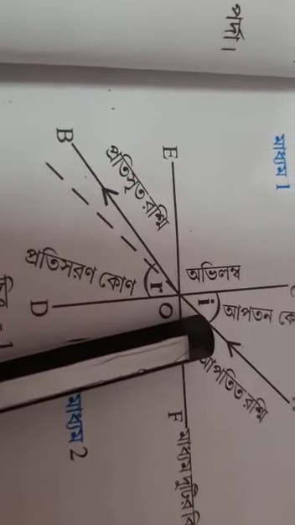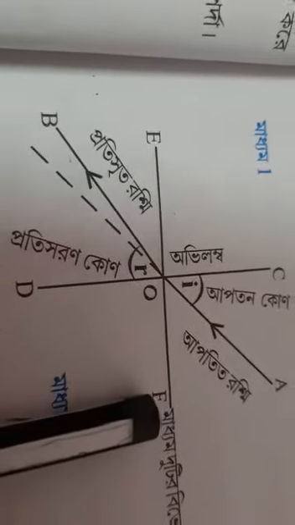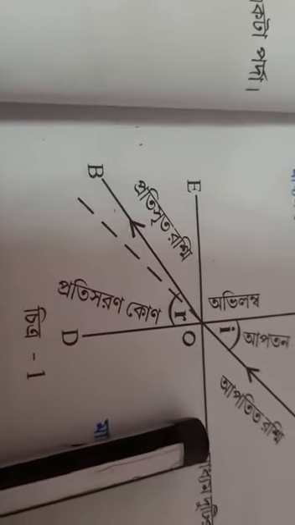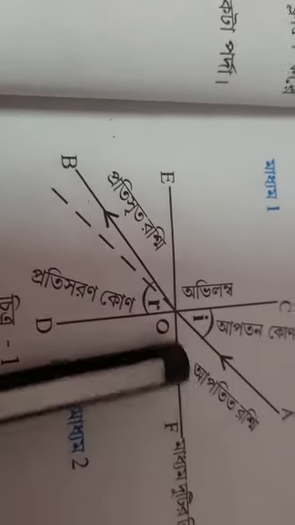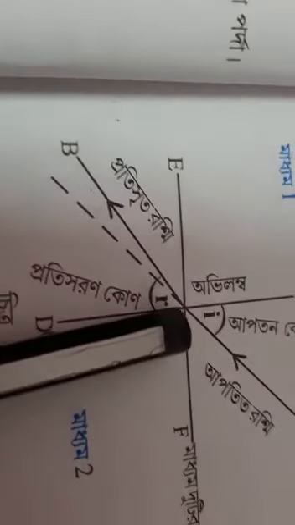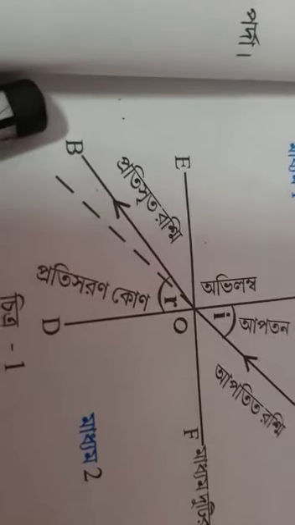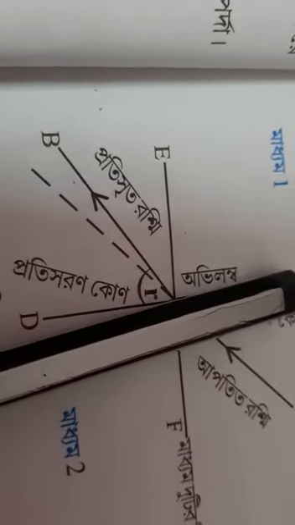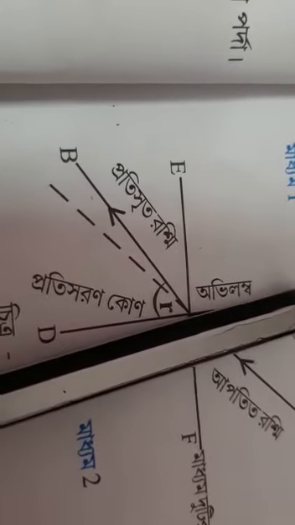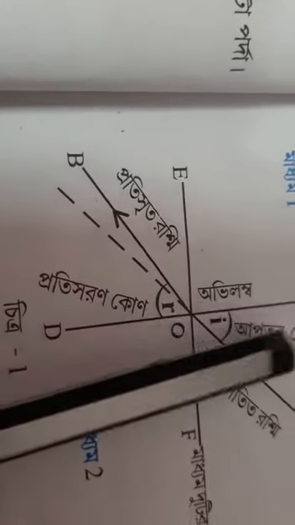And there is a rule of refraction: the incident ray, this, and the refracted ray, this, and the normal, this. This is the normal to the surface of separation.